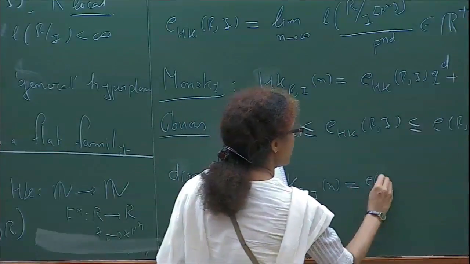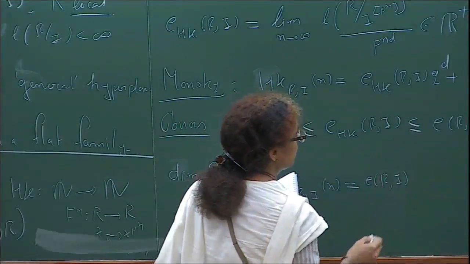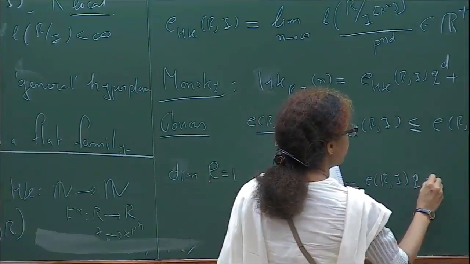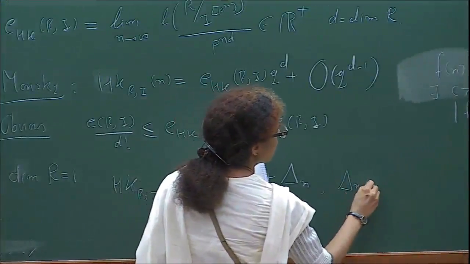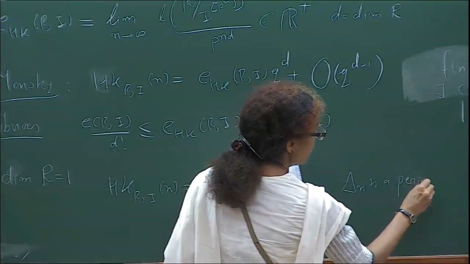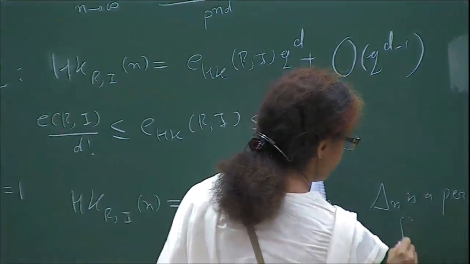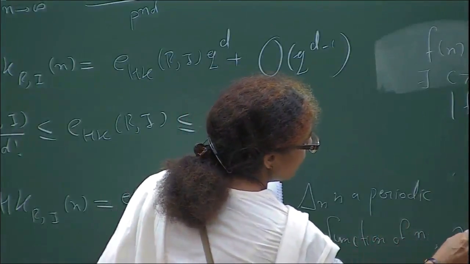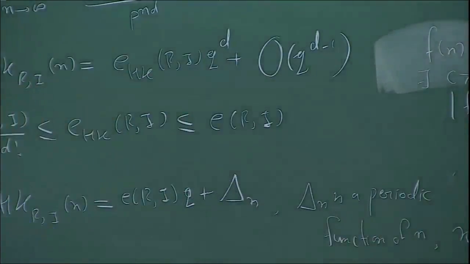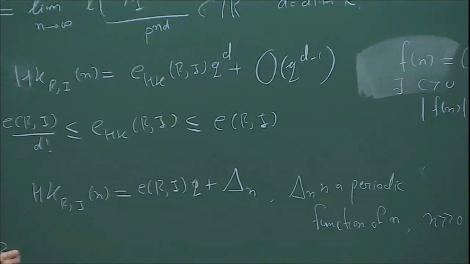So it is e(R, I) q plus delta(n), where delta(n) is a periodic function, a genuine periodic function in fact, for n large. So for dimension 1 itself, this doesn't behave like a polynomial. Now, what about dimension r greater than or equal to 2?